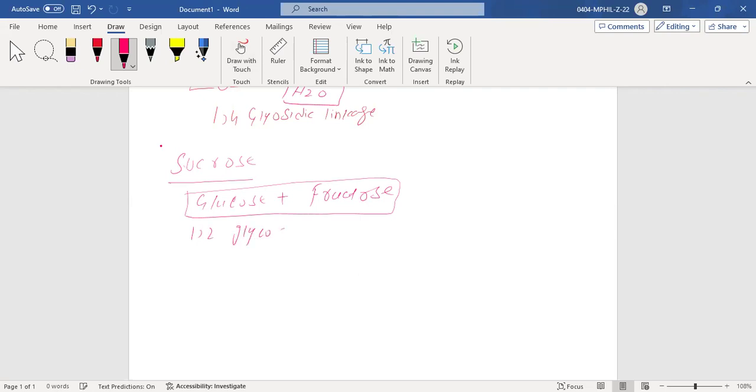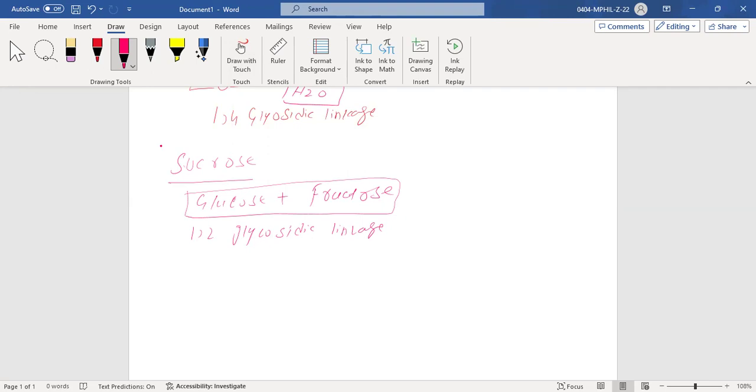In the previous case, where you synthesized maltose, it was 1,4 glycosidic linkage, but in this case it is 1,2 glycosidic linkage. It would be very easy to understand when you draw a structure and observe which carbon is involved in this reaction.